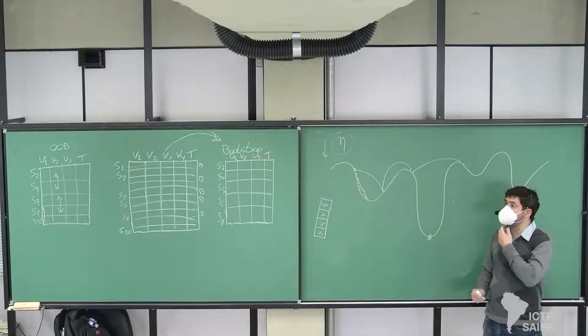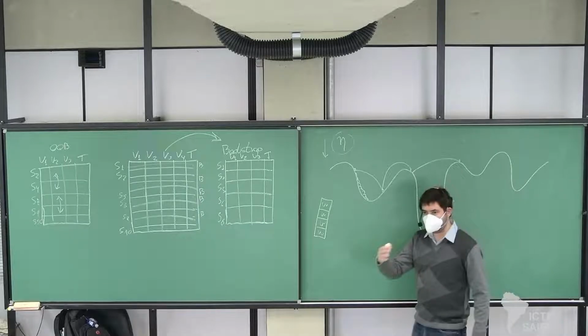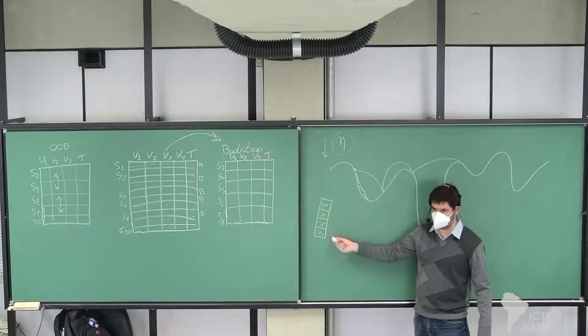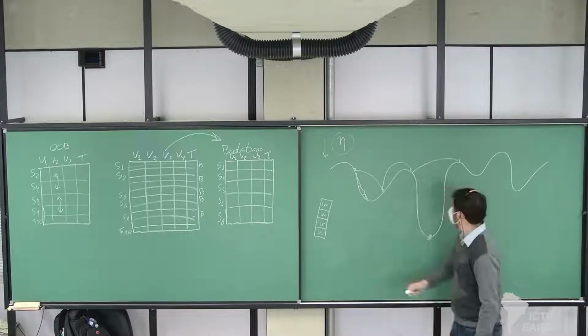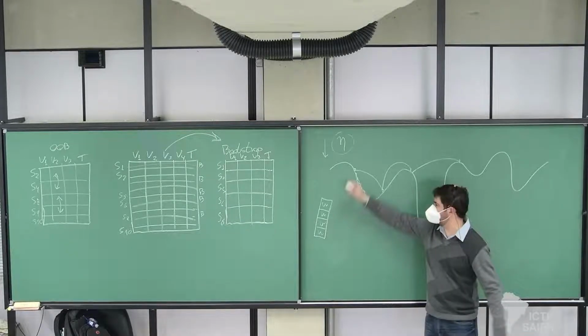For example, we can decrease the learning rate with time. In the beginning, my weights are very wrong. They give me a hyperplane that's very far from my data, a completely wrong hyperplane. Then I can adjust the weights faster.